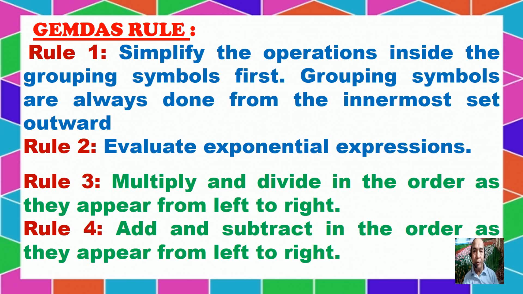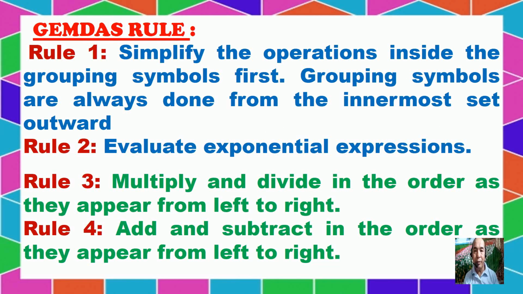Grouping symbols are always done from the innermost set outward. What does this rule mean? If we have groupings, those are the numbers or operations inside parentheses, brackets, or braces. We call this grouping, so we will perform the operation inside these groupings.